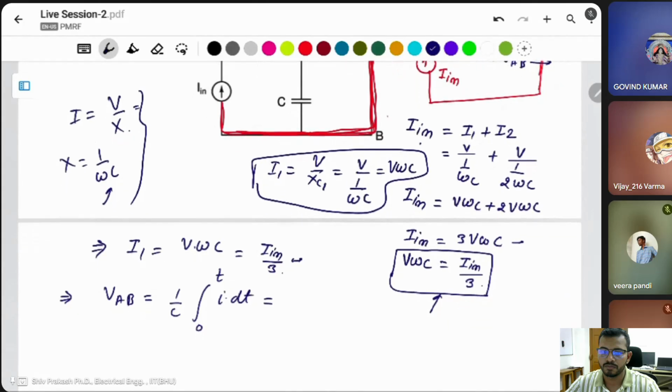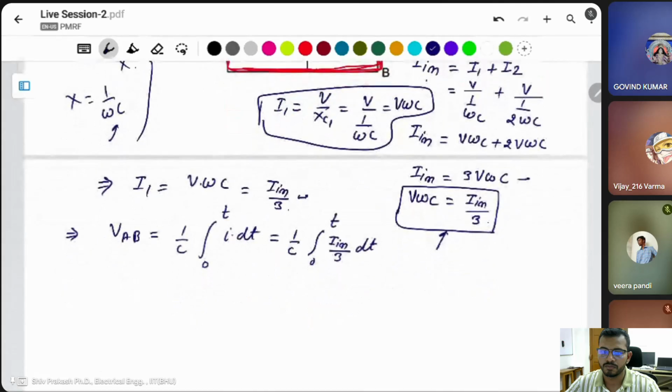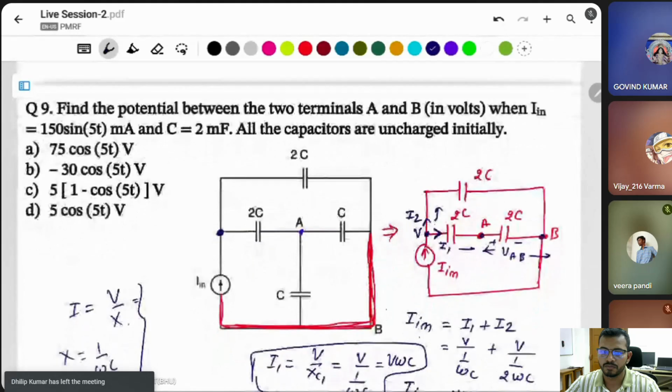Okay, this is 1 by C integration from 0 to t of I, which means I in by 3. I in is given in the question: 150 sine 5t.